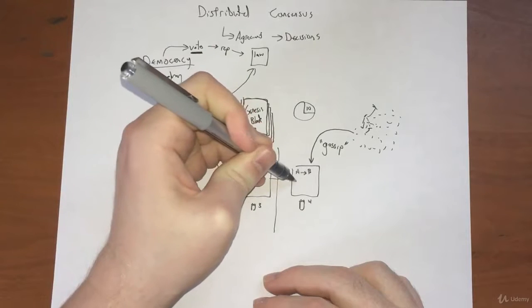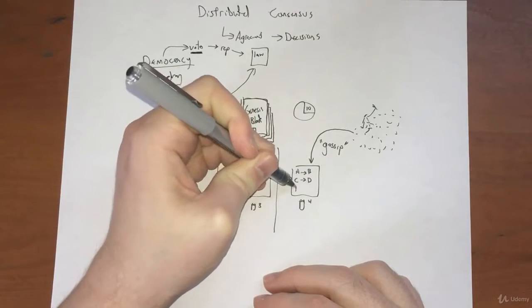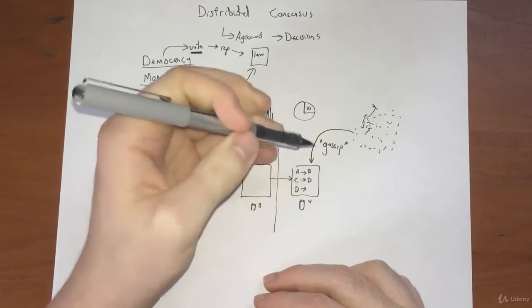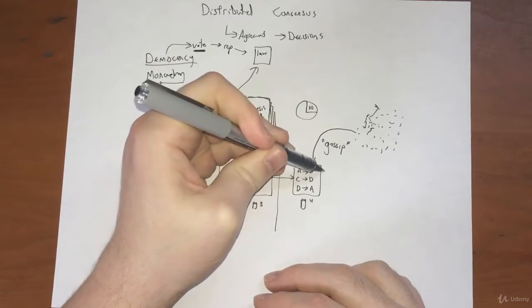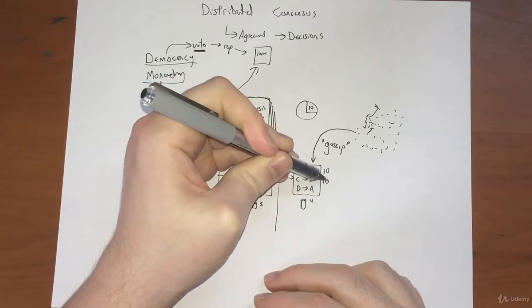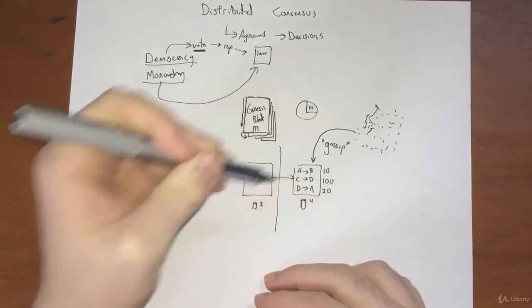Those go into here. So David then gave some Bitcoin to Alice. So I think we had $10 here, $100 here, and then $20 here.